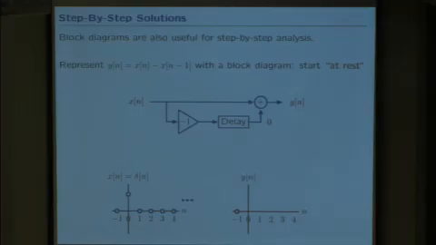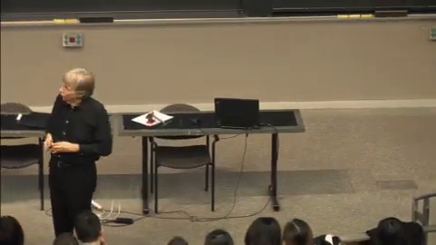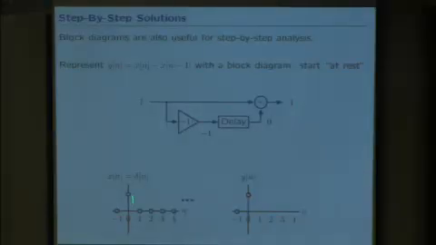Well, if I tell you the output is 0 at time 0 for this delay, then it's a simple matter of stepping through what is the output for each corresponding input. The special value of the delta function is that it's 1 at time 0. So at time 0, there's 1 coming in. That 1 makes it through the adder and adds to 0, because the delay output was 0 since it was at rest. So the 1 adds to 0, and the output becomes 1.